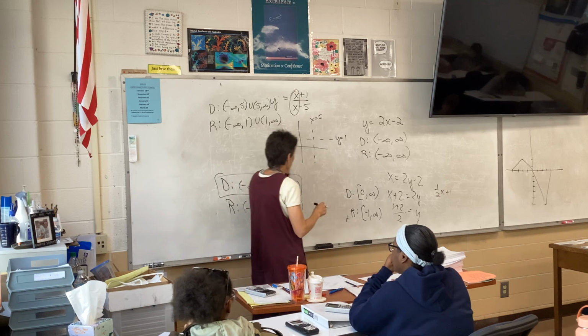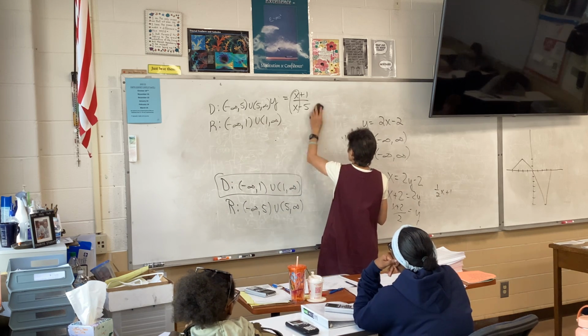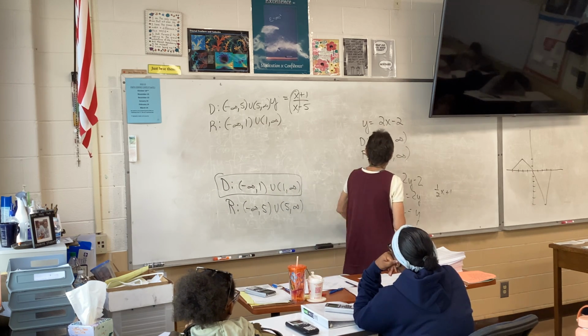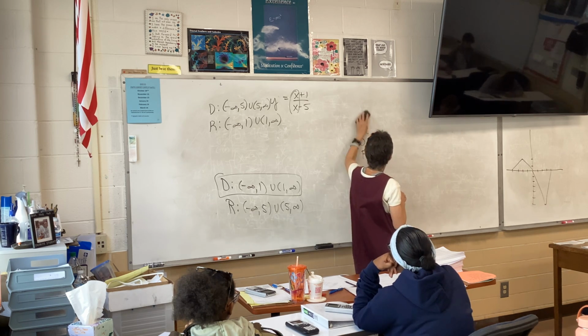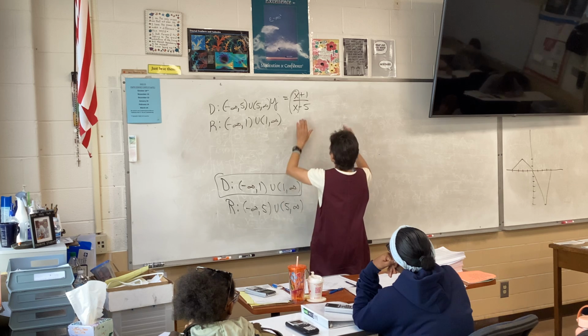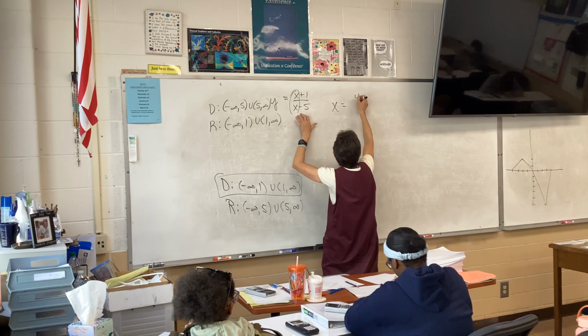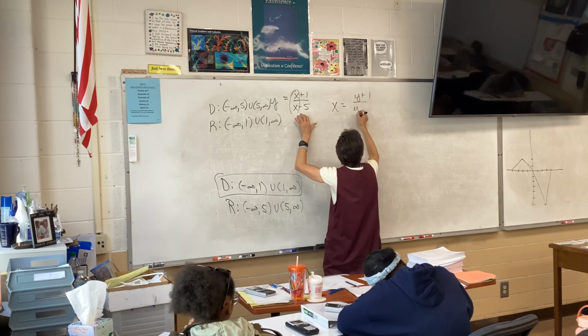Okay, so what does the inverse look like? Well, how do we find an inverse? What are the steps we go through? We switch x and y. All of the x's, all of the y's.